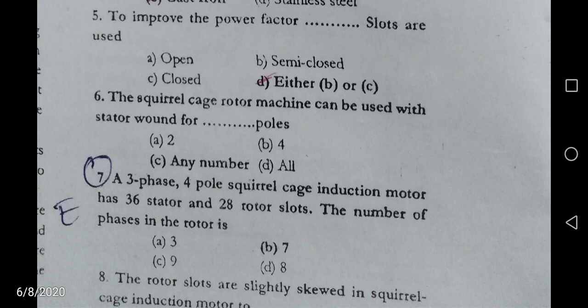So 28 by 4, that is 7 slots, 7 phases. The stator is 3 phase, but the rotor is 7 phase.